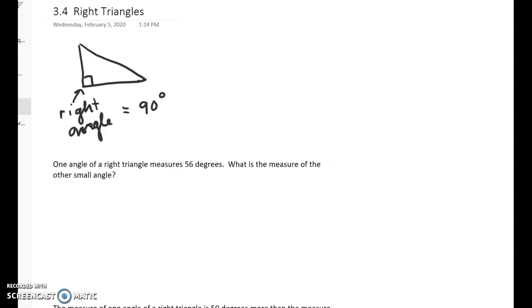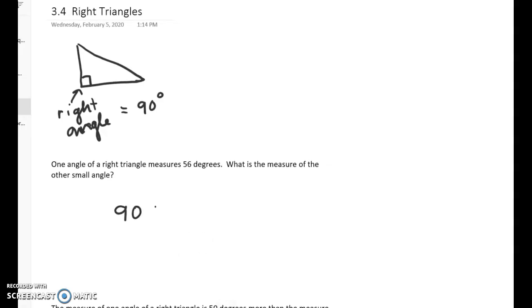Well, if it's a right triangle, then one of them is 90 plus the 56 plus x equals 180. You don't have to do it this way, but this is one way you could do it. It might be easier just to say, well, 56 plus x has to equal 90. Now, if you think about that, you already have the 90 degrees, so the other two angles have to add up to 90 degrees.